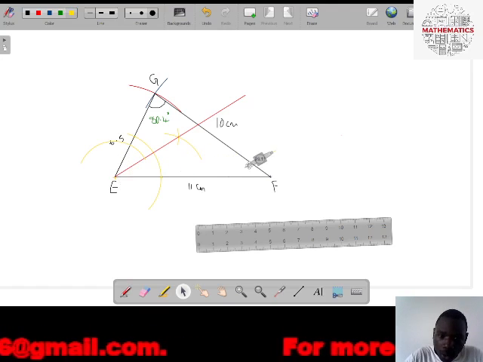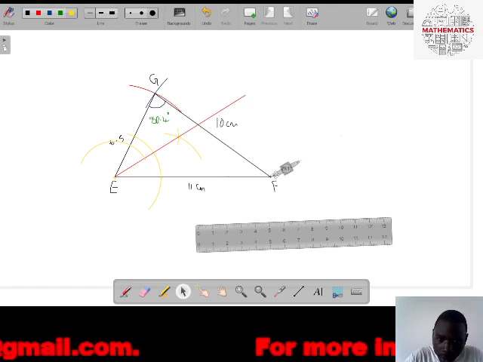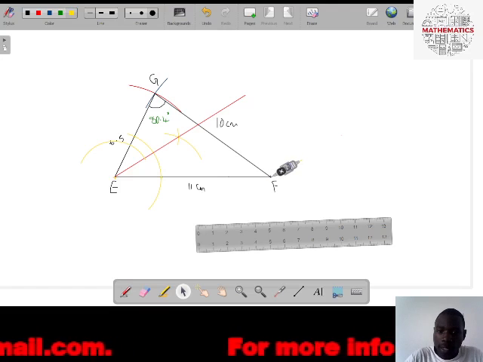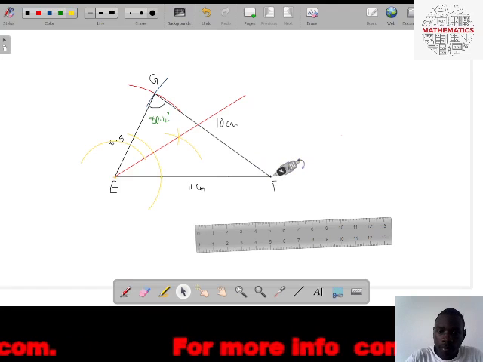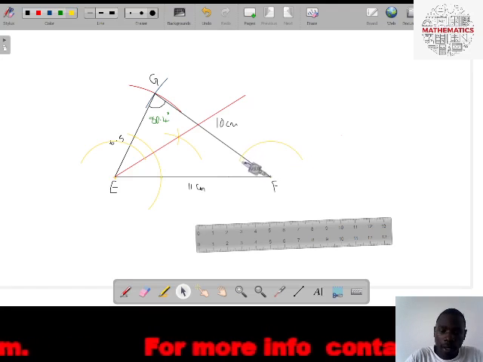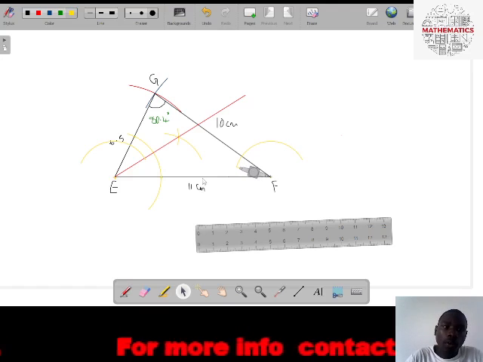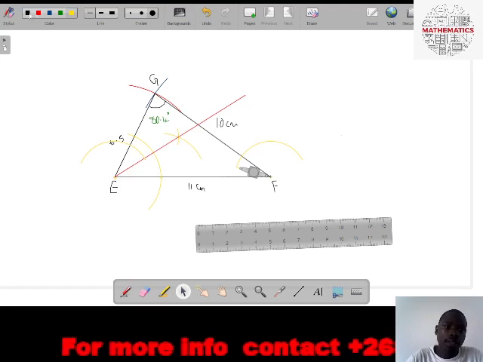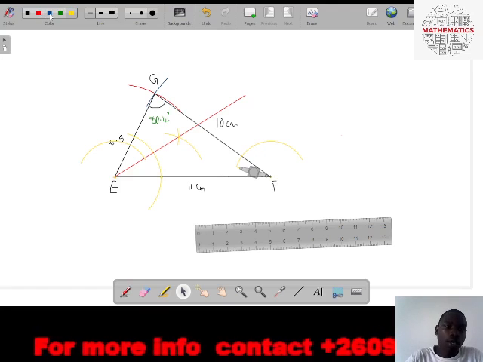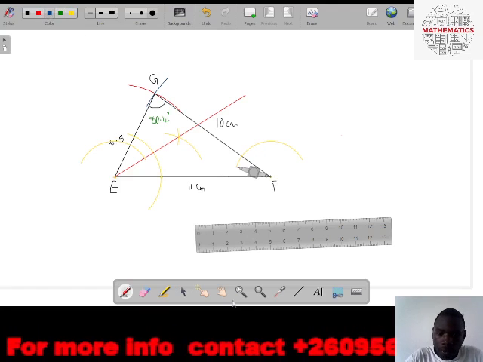So I'll stand on F as well. Here, I'll make the same arc like that, and then I'll need now to draw a line connecting the two arcs. So a line connecting the two arcs will be drawn. Okay.